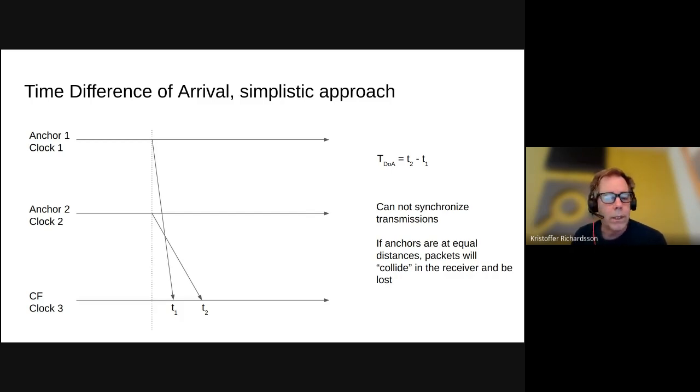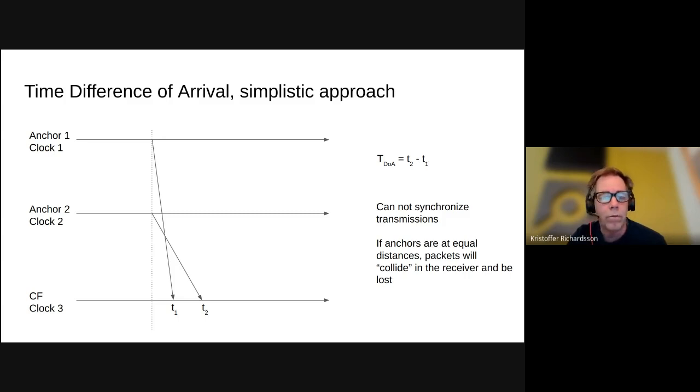We can record the times that they are received, and measure the difference between T2 and T1, and that would give us the difference in distance to the anchors. Again, the clocks are not synchronized, so this will not be possible in reality. It would also be complex, because if the Crazyflie is at exactly the same distance to anchors 1 and 2, there would be a collision of the packets in the receiver, and we would lose them both. So that would be a bad setup.